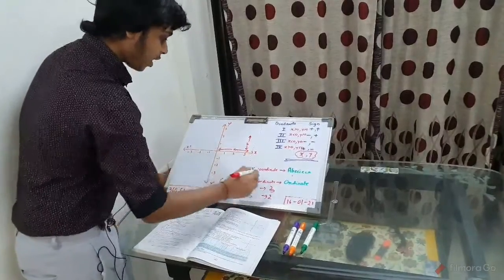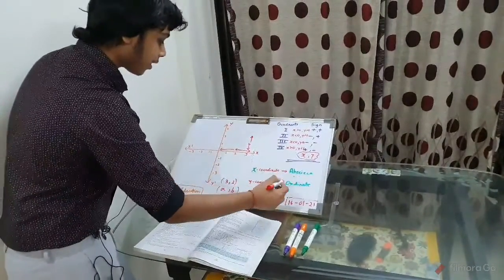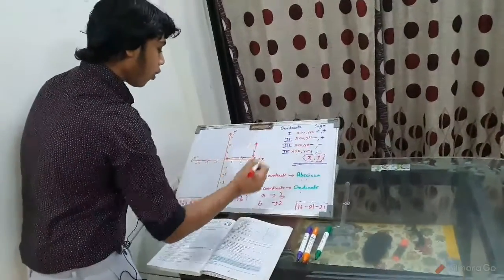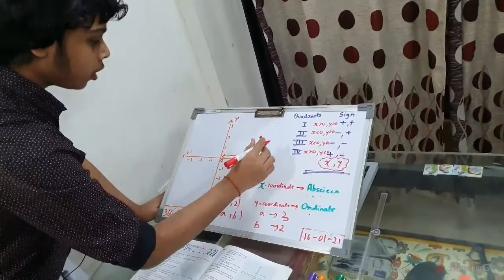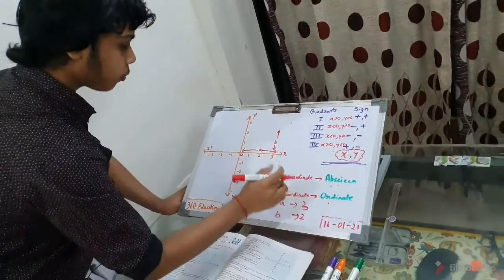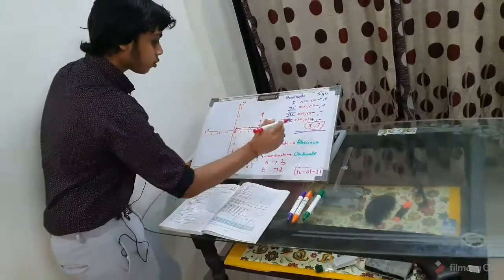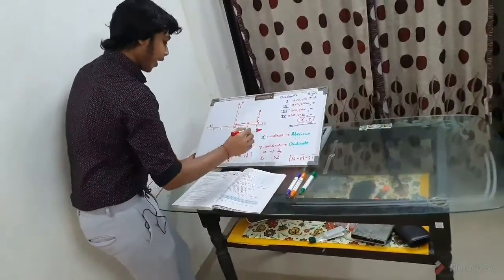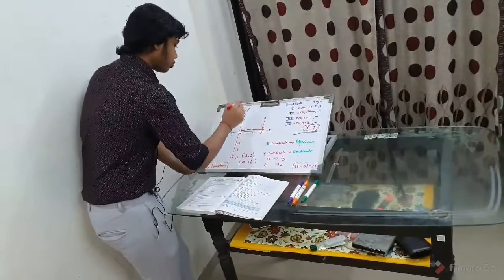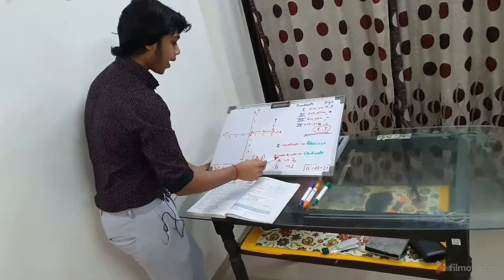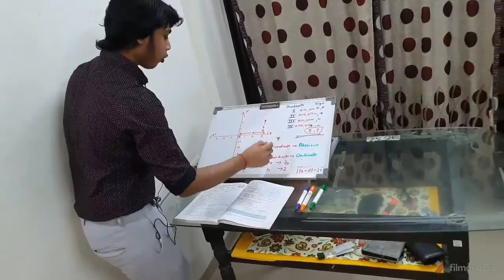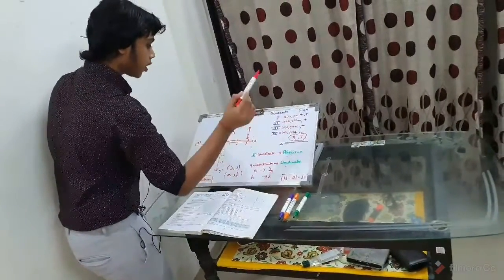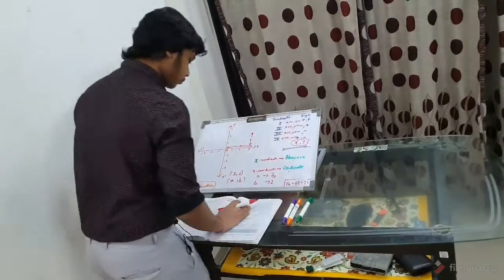So this a will be known as abscissa and this b will be known as ordinate, as the distance from the 0 point to the point on the x-axis is known as the abscissa, and the distance from 0 to the point on the y-axis is known as the ordinate or the y-coordinate, and the x-coordinate is known as abscissa.